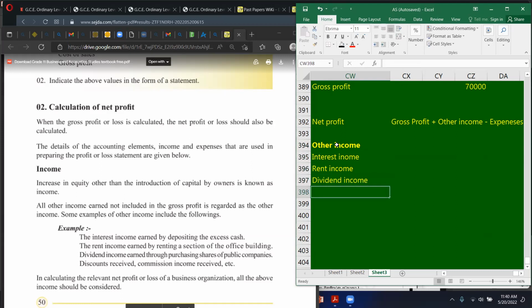In your maths you have a topic called share market. Share market means you invest in shares in the share market. So by investing in shares, you derive capital gain and dividend income. And then you have discount received.